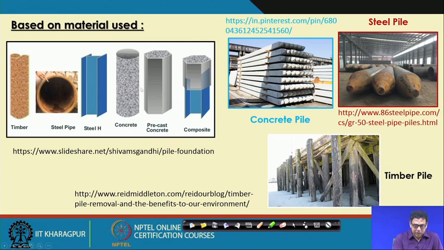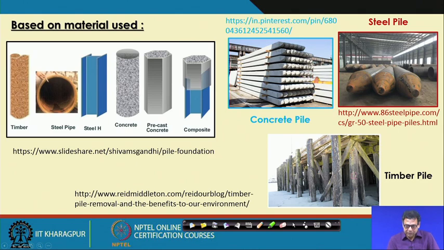Both are concrete. So, timber, steel, which can be hollow or H pile, or concrete, and this is the composite, concrete and steel. So, these are photographs of concrete piles, and this is the steel pile, and this is the timber pile.